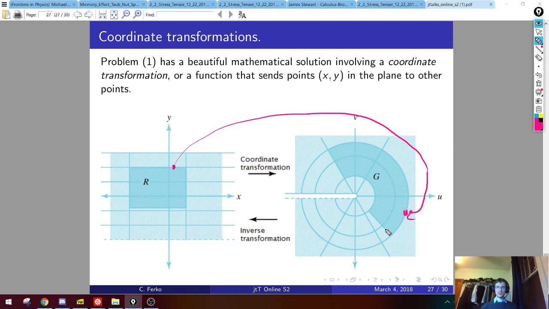If you apply that to every point in the region, it's going to change the shape of your region. Here there's a transformation which changes a rectangle into this sort of circular wedge. You apply some function, it moves you from the left to the right, or you can apply the inverse, which moves you from the right to the left. So that's the idea of a coordinate transformation.